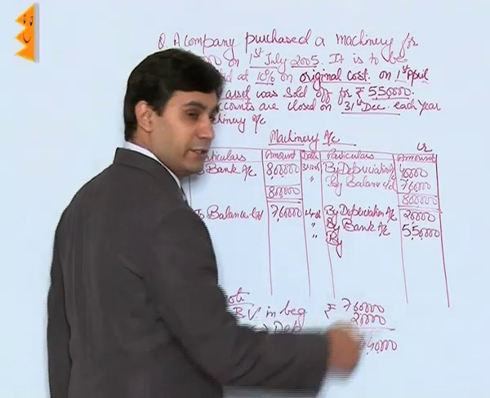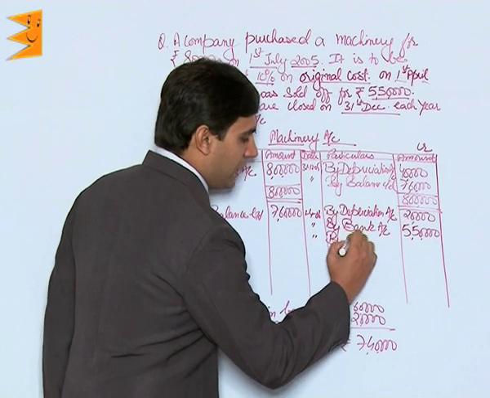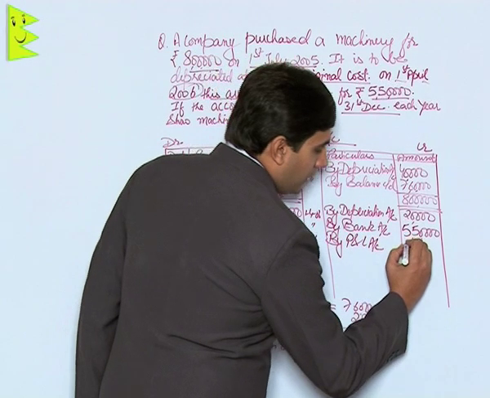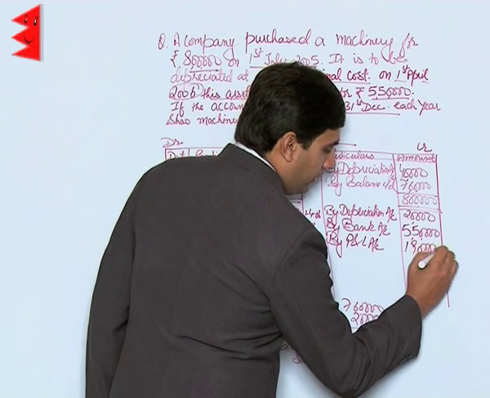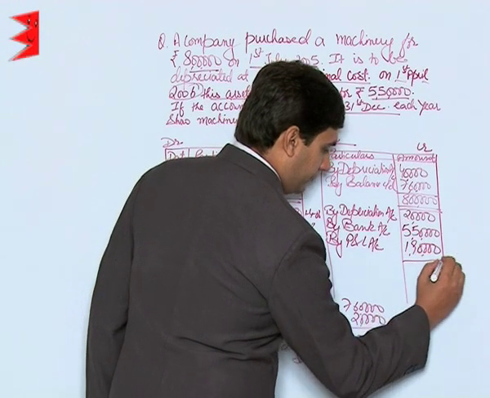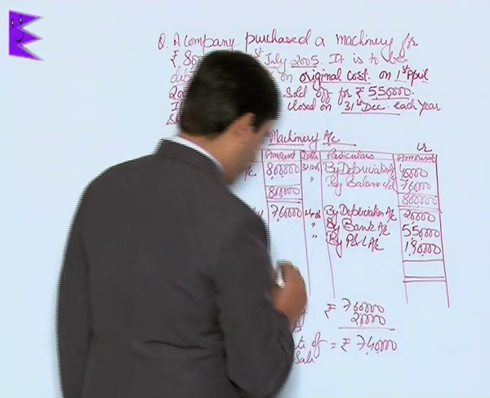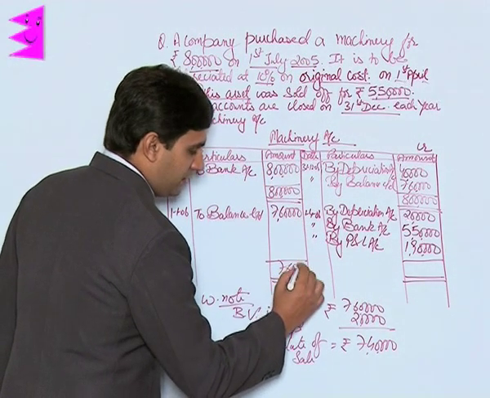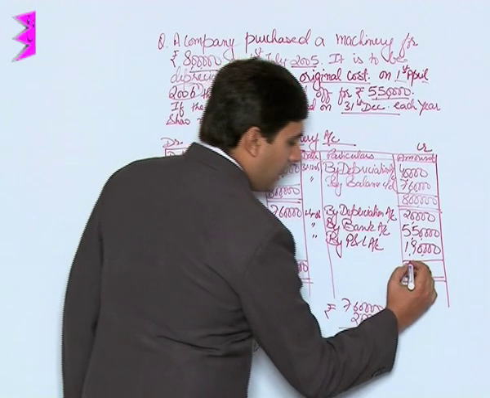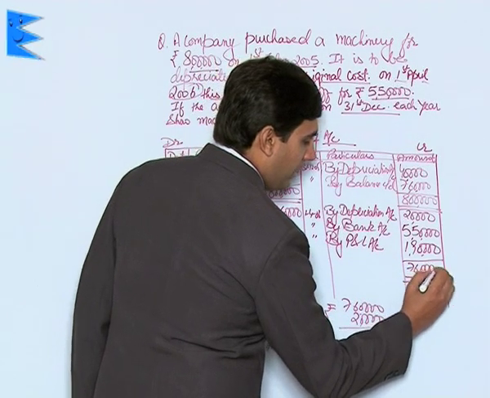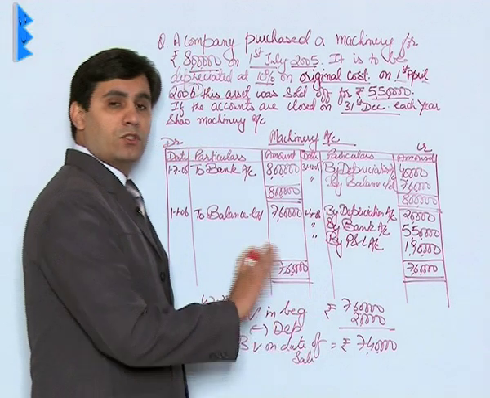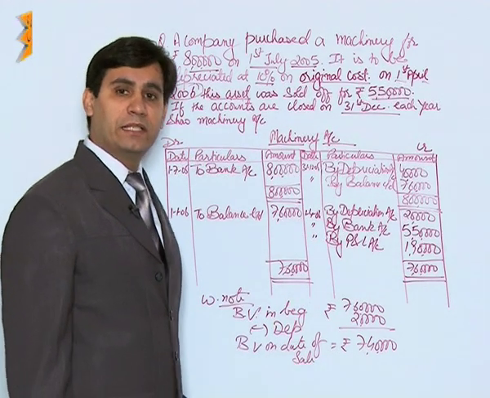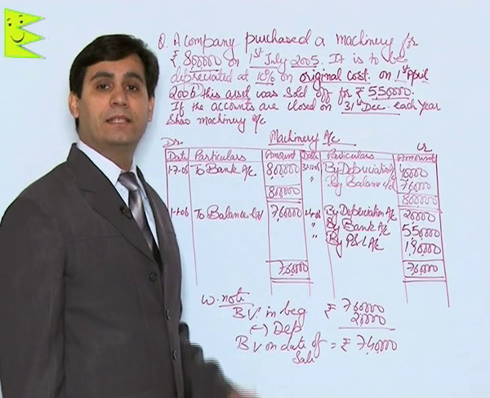The difference between these two amounts would be recorded as by profit and loss account, 1,90,000. And that should total out the account. Since there is no other machine and the one machine that we had has now been sold off, the machine account would balance out or total out and there would be nothing left to be carried down to the next year.